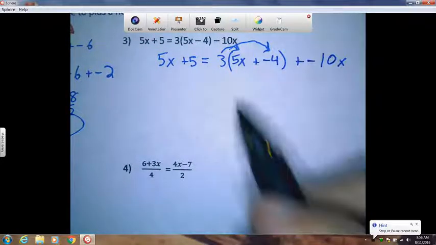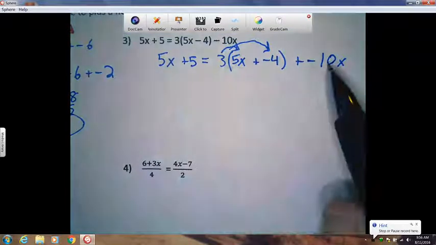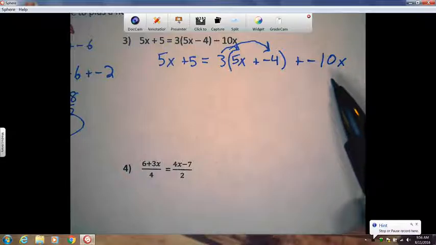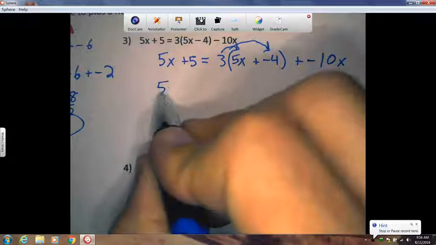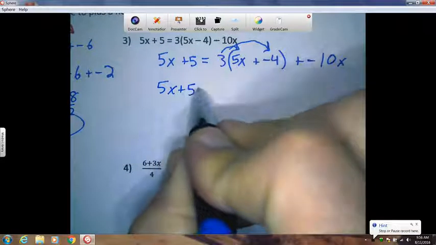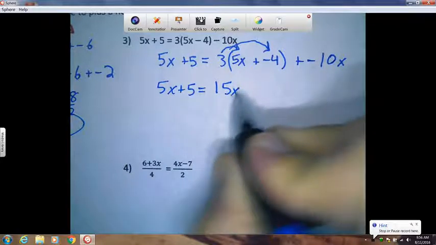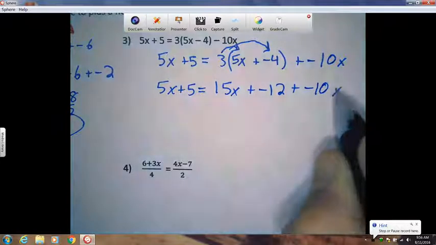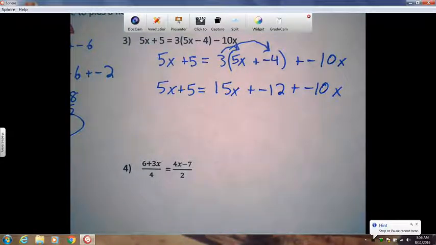Make sure you don't do distributive property and take it over here. This negative 10x is not in the parentheses. So I did 3 times 5x, then 3 times negative 4.